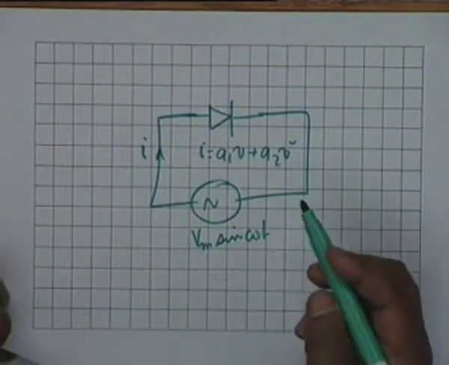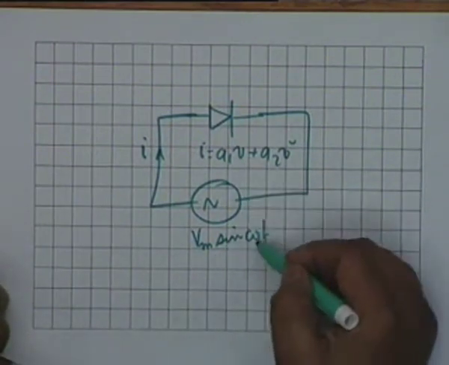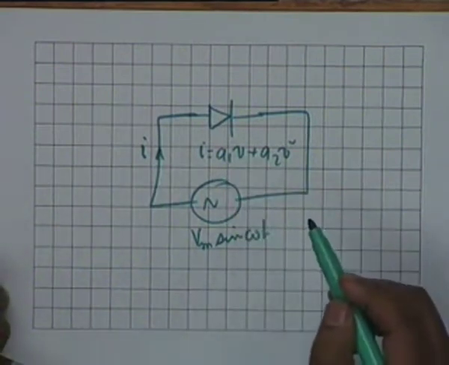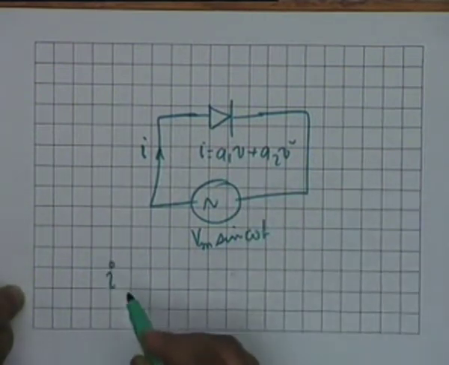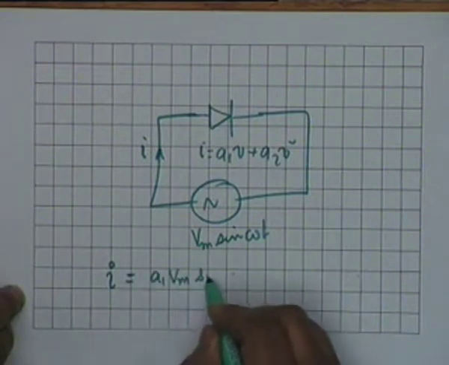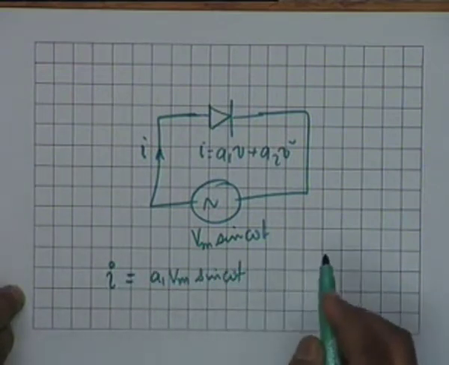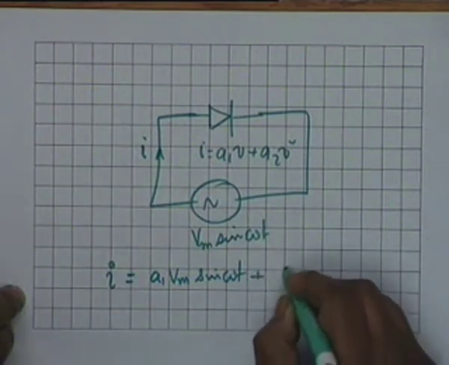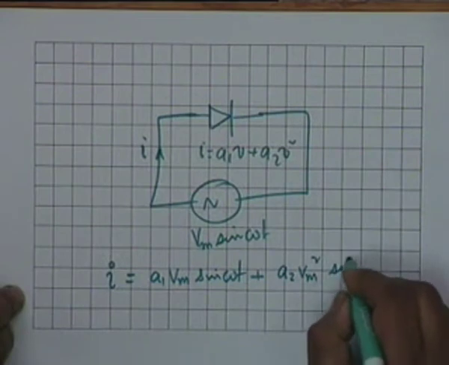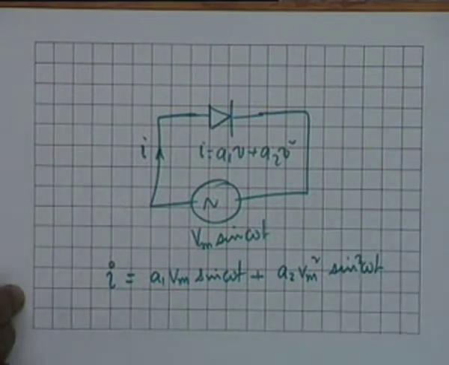Obviously, all that we have to do is to substitute Vm sine omega t for V and find out I, and therefore the current in this circuit shall be A1 Vm sine omega t plus A2 Vm squared sine squared omega t. This would be the current.